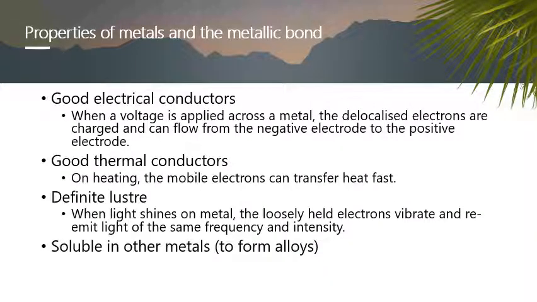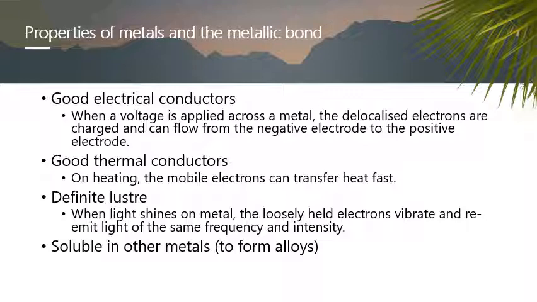Well, metals are good electrical conductors and thermal conductors. They're good electrical conductors because when you apply a voltage, the delocalized electrons in the sea of delocalized electrons are charged and they can move from the negative electrode to the positive electrode.